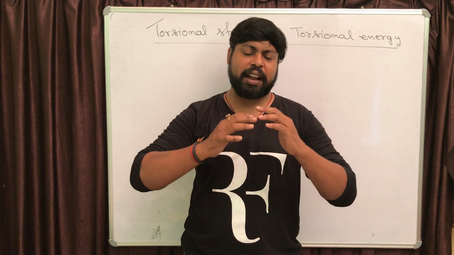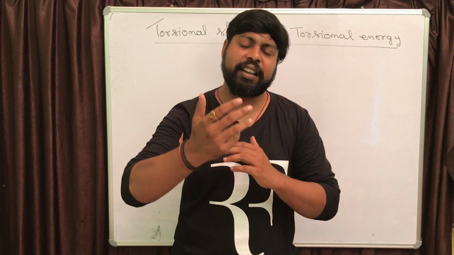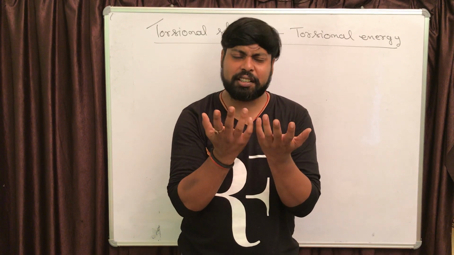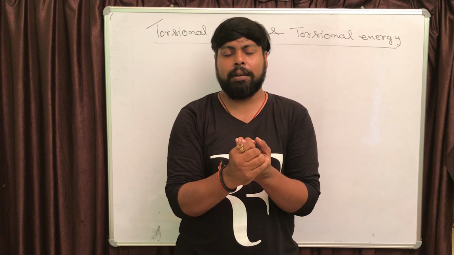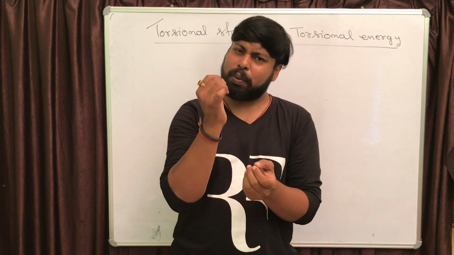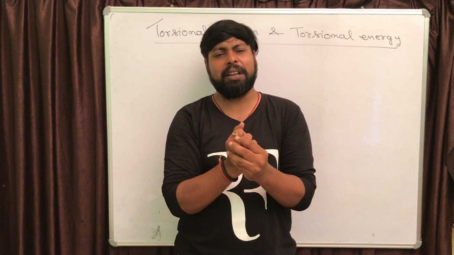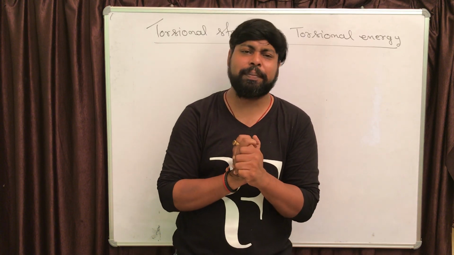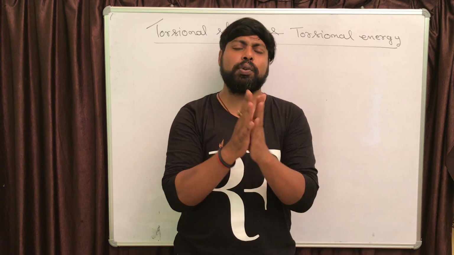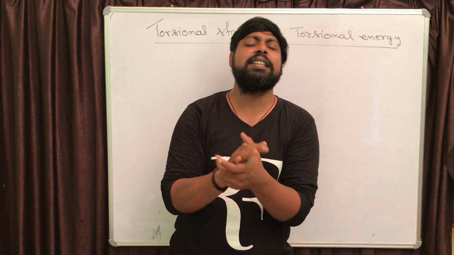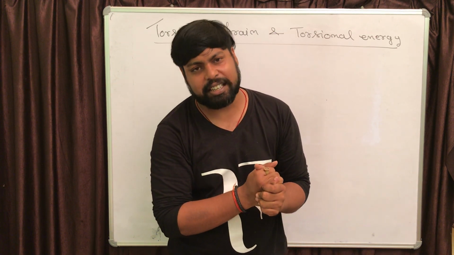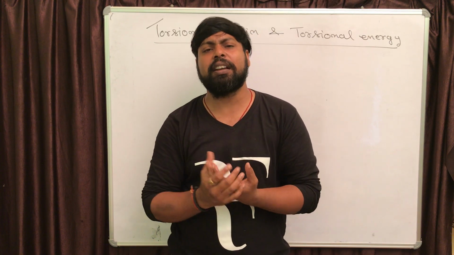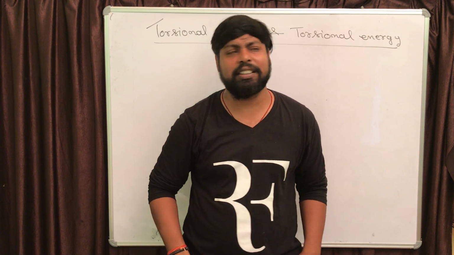So when the staggered form is converted into eclipsed form, it needs a small amount of energy. Definitely it is a small amount of energy, but corresponding to that small amount of energy, there will be an opposing force which is going to oppose the free rotation, right? That opposing force is known as torsional strain, and the energy required to convert staggered form to eclipsed form is known as torsional energy.